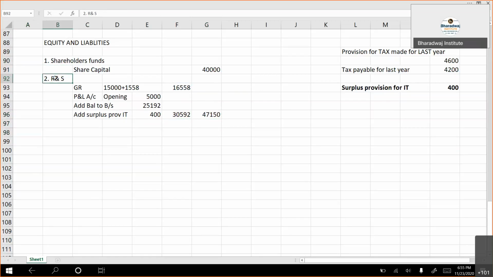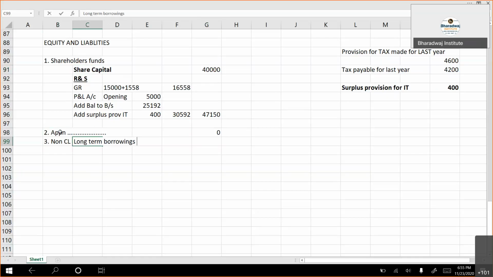Reserves and surplus is part of shareholders funds, not a second heading. Then number 2, application money pending allotment, is not given to us. Number 3, non-current liabilities.